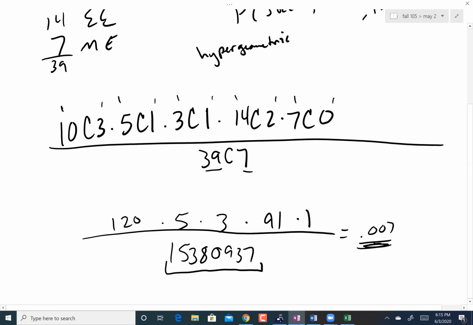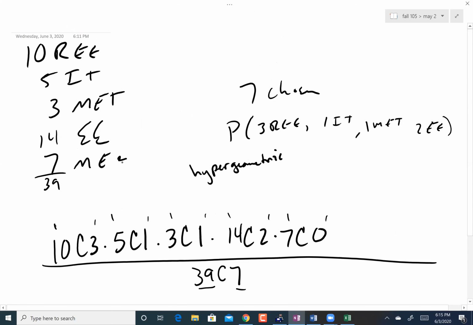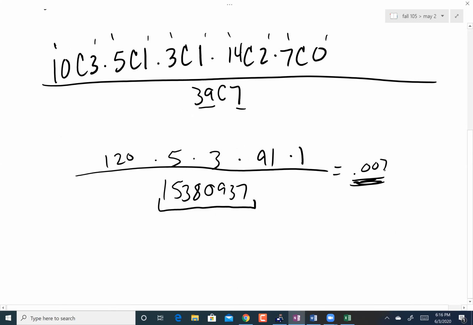This isn't very likely. In this case here, you just said we're not getting any of those guys. That seems a little odd. Getting 3 REEs seems a little odd, and getting 2 EEs is a little weird. So this is what this is saying to me. It's a little strange, and 0.007 is a tiny little probability there.